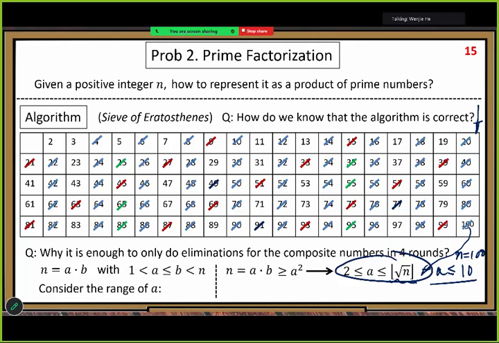When we do experiments, we only need to do 4 rounds. That's some uncertainty reduction, okay? So here, only use the primes in this range. That's the main idea of the sieve algorithm.